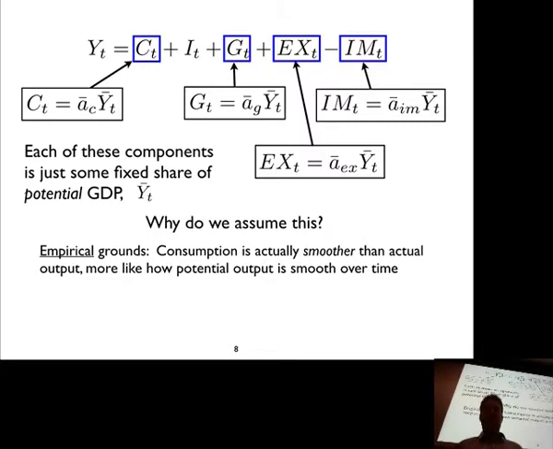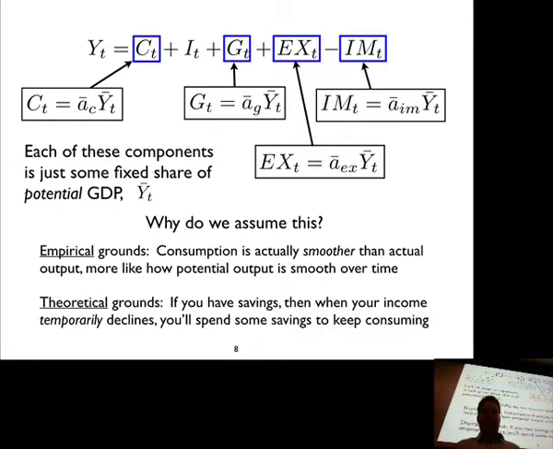Well, it's because we see this in the data. The consumption in particular is a lot smoother than actual output, and so that's what this is saying. Consumption is going to be 64% of permanent income, and the rest is some other form of either government consumption on our behalf, or it could also be investment or saving. And this also links up to what we had talked about previously in the course on personal finance and planning, that the story of a constant share of permanent income is equivalent to long-run planning.